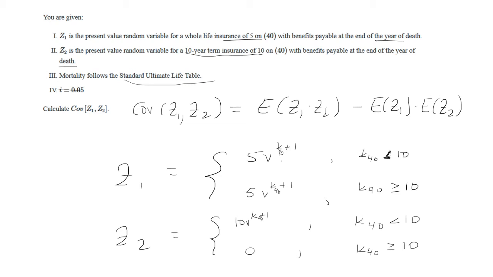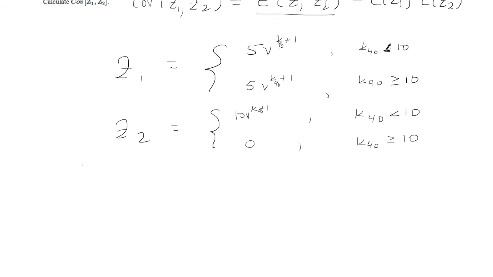Okay. All right, so now we would look at the first term here. We're finding the expected value of Z1 times Z2. So we should multiply Z1 by Z2. Okay, so let's look first when k sub 40 is less than 10.